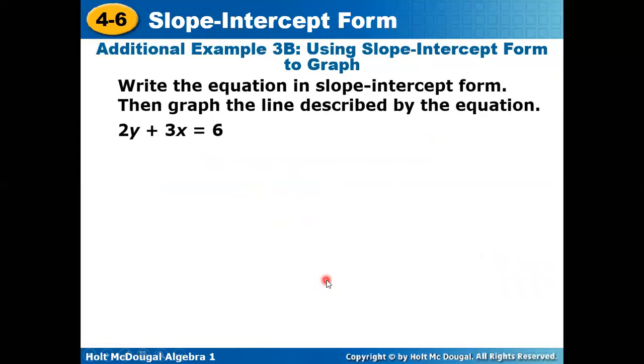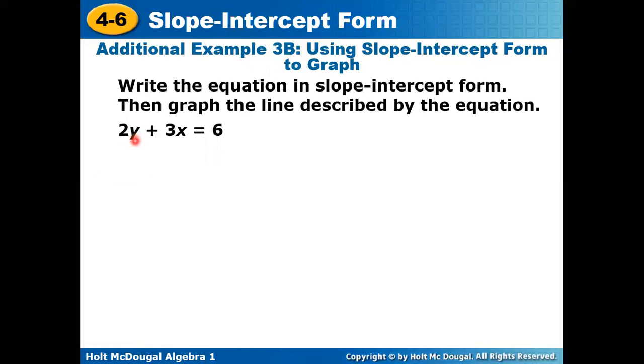Okay? Now the same question, but the equation of the line is not in slope-intercept form. We explained before, not in this lesson, how to write the equation of the line in slope-intercept form. It means we will solve for y.